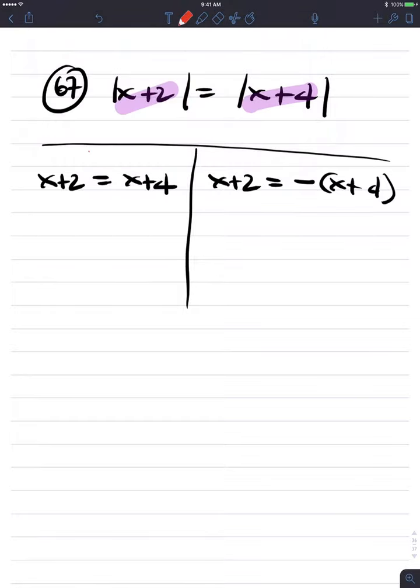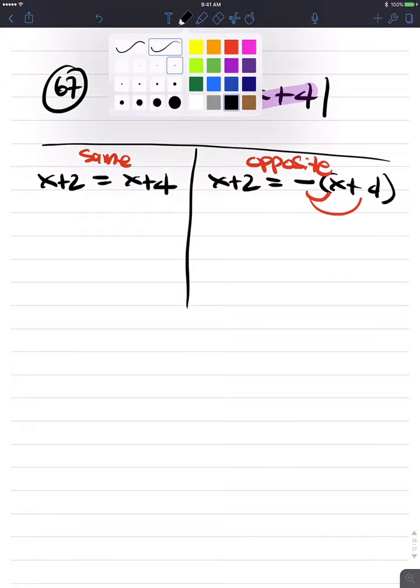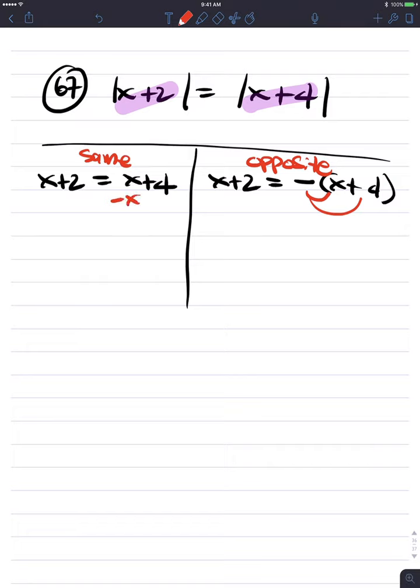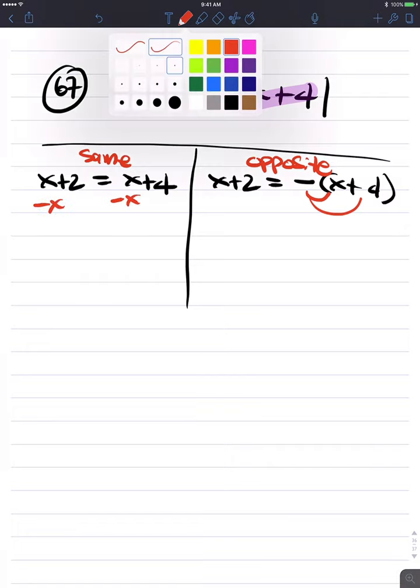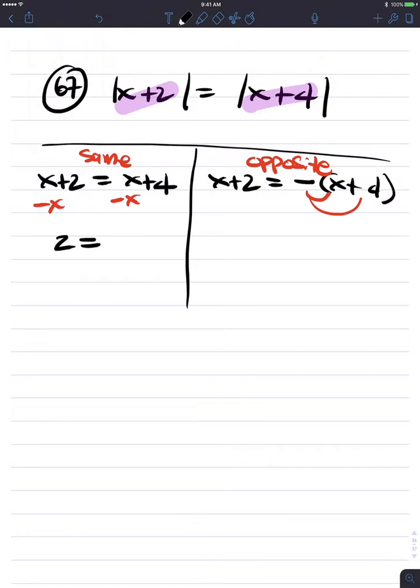So I wrote down the same on the left and the opposite on the right. We have two equations to solve. We're going to, in the left equation, subtract x. And we end up with 2 equals 4.